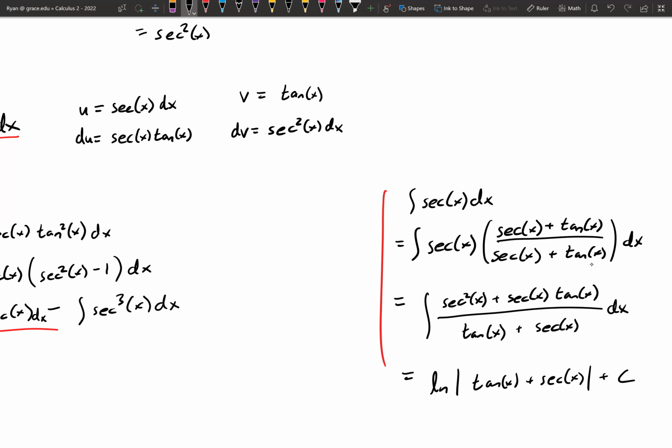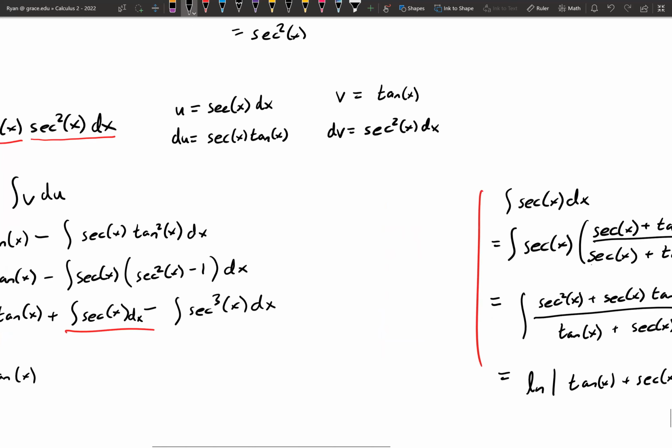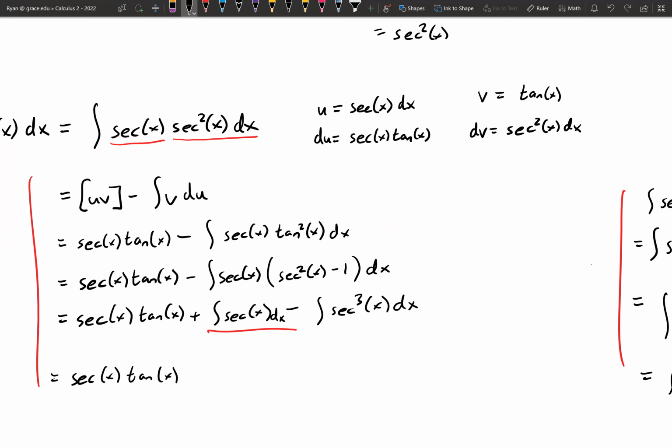So we know the integral of secant. So I'll do that here. So plus the natural log absolute value of secant of x plus tangent of x minus the integral of secant cubed of x dx.